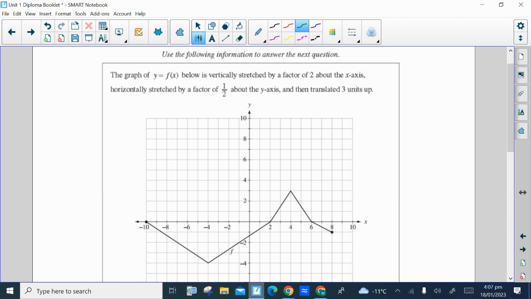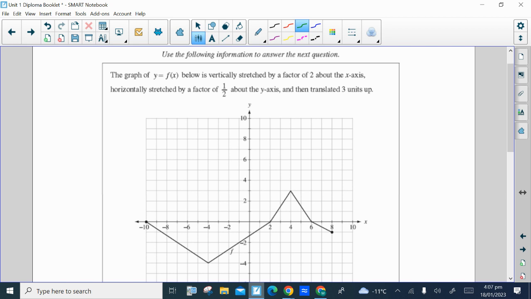So remember, you always have to do your stretching and reflecting first. So if we vertically stretch by a factor of 2, all the y values would get multiplied by 2. And at the same time, we can horizontally stretch by a factor of 1/2. That would multiply all the x values by 1/2.